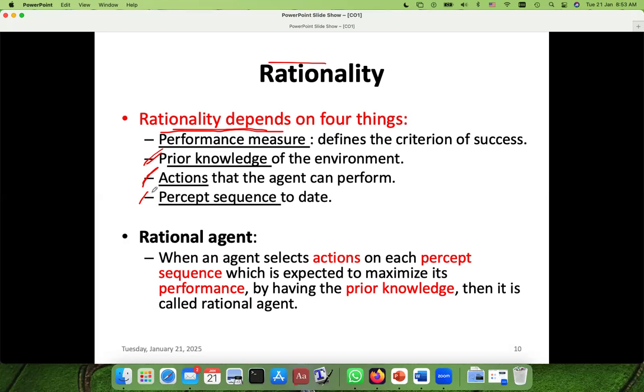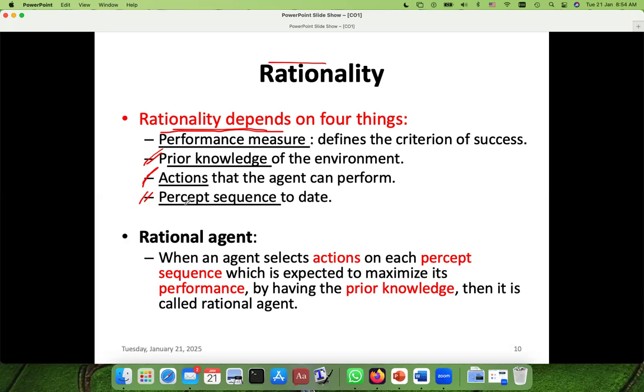So percept sequence, from its title, you can understand that this is the input of your agent. It can be one, and with the passage of time, it can be a sequence of percepts. Because when your agent starts working in the environment, initially it will have only one percept. After some minutes, it will take a second percept. After some minutes, it will take a third.